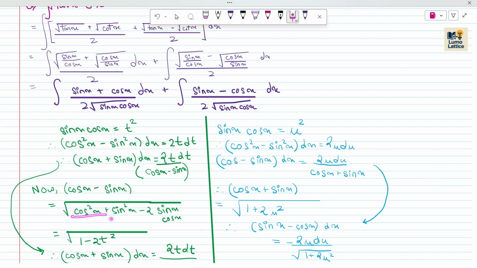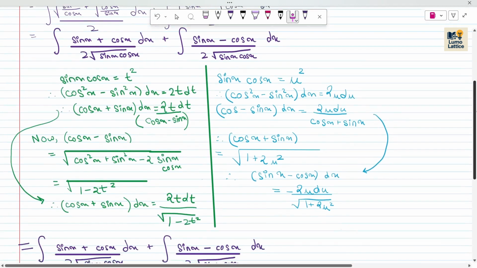Now cos square x plus sin square x turns out to be 1, and the minus 2 sin x cos x turns out to be 2t square, because we have taken sin x cos x as t square. On the other side, the 2 sin x cos x turns out to be 2u square. So I guess this was clear.